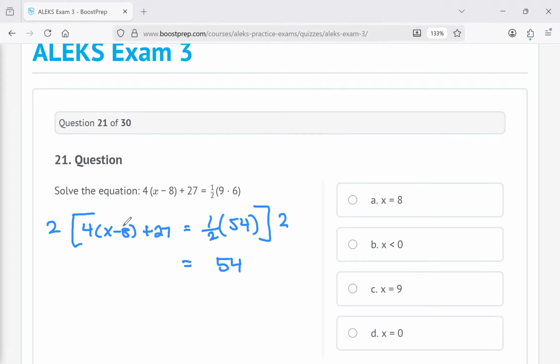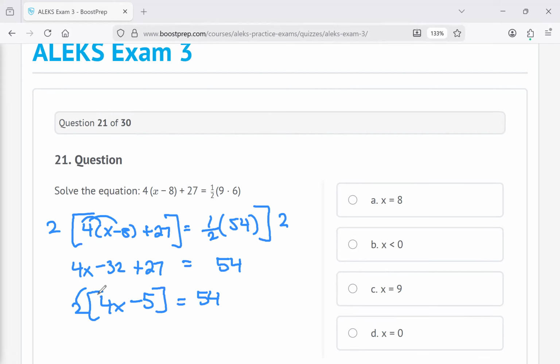And then over here, let's just FOIL this, clean this up first, then distribute the 2. So FOIL this out. This is going to be 4x, 4 times negative 8 is negative 32, plus 27. If we clean that up, negative 32 plus 27 is negative 5. And then times this by 2. So this is going to be 8x. 2 times negative 5 is negative 10.